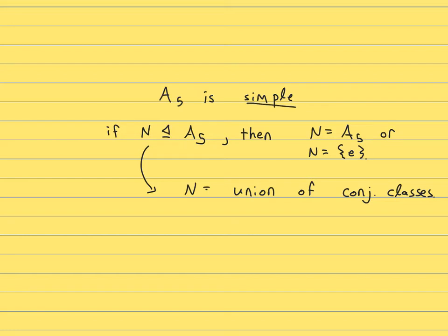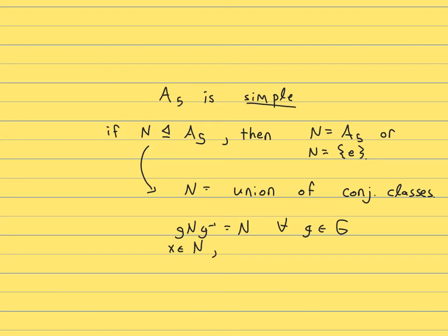So why must this be true? Well, what does it mean to be normal? It means that g N g inverse is equal to N for all g in the group. Well, just take an element x in this normal subgroup.